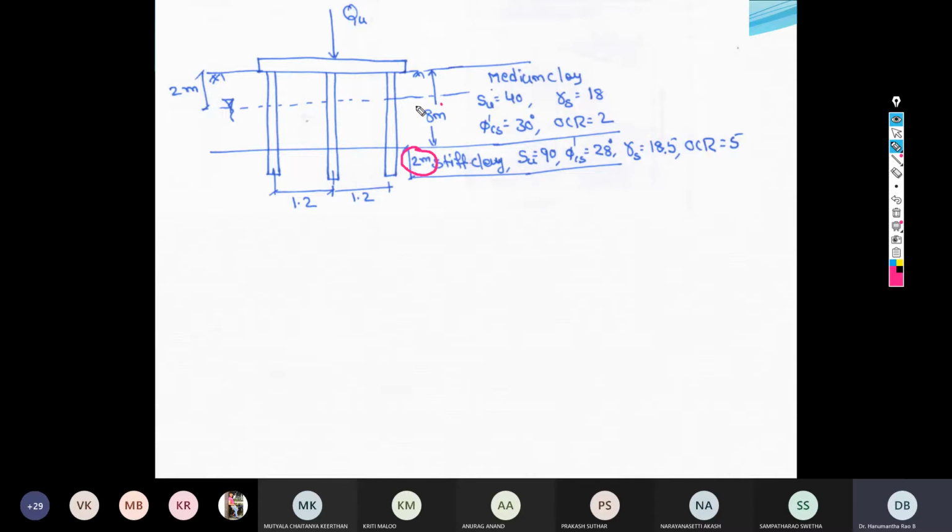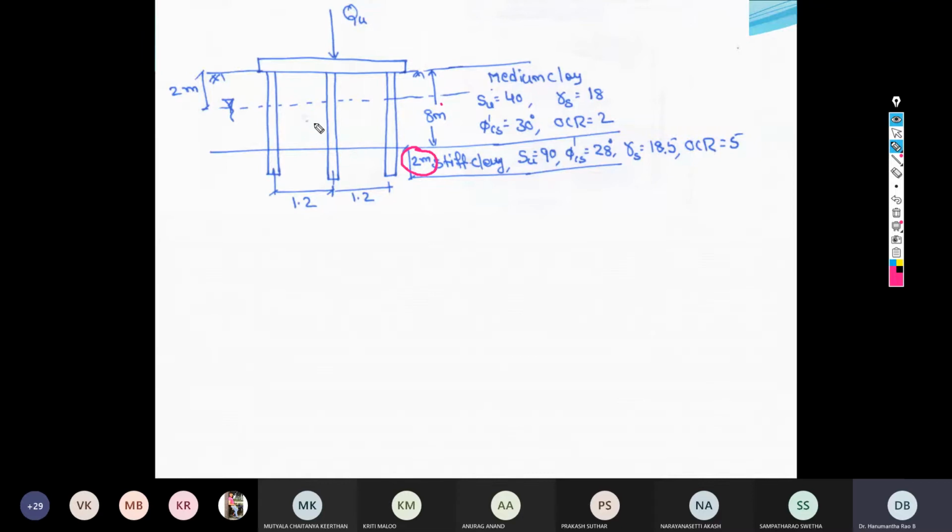So therefore, based on the given statement, we can understand that the total length of each pile is 10 meter, that is 8 plus 2.